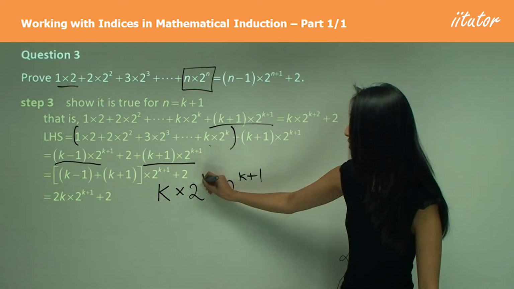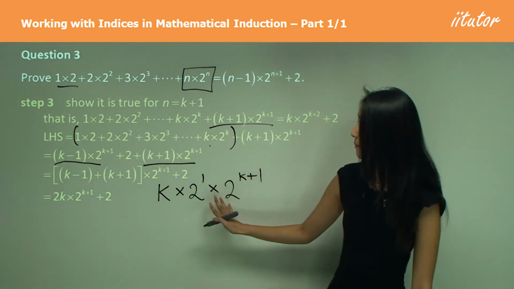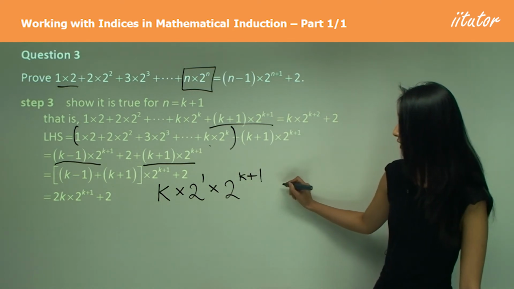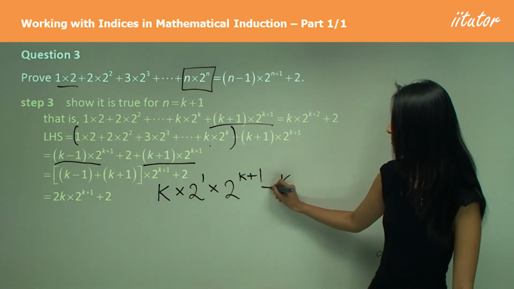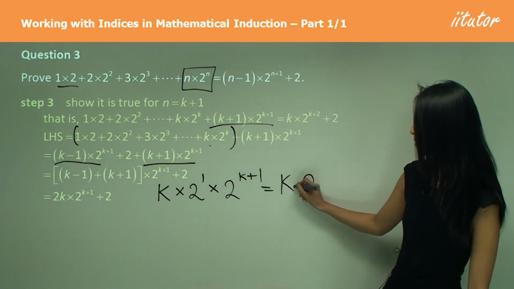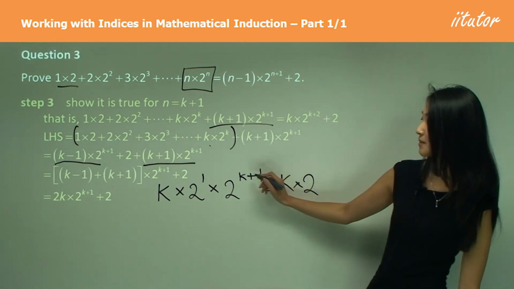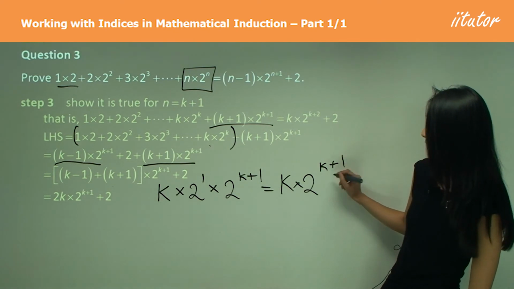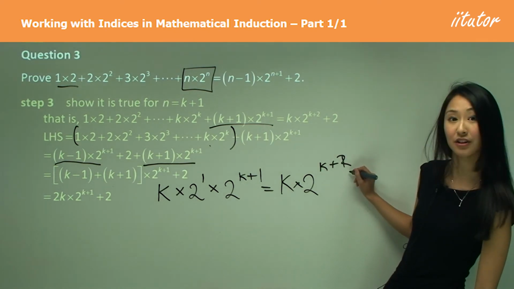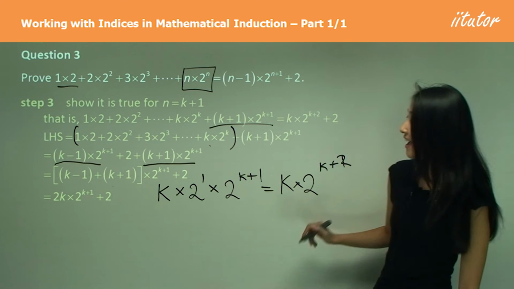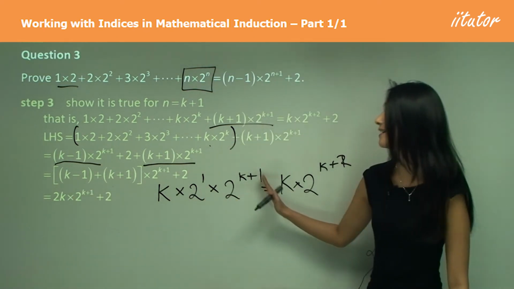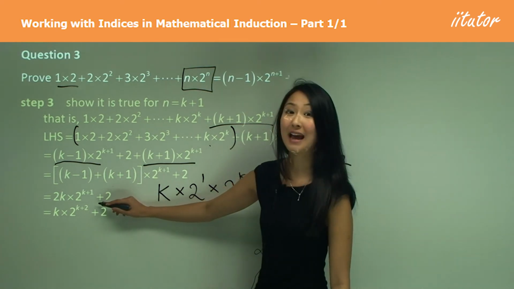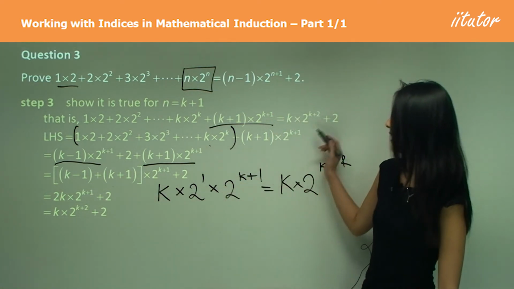So this 2 is 2 to the power of 1. So if I put this together, this is going to give me k times 2 to the power of k plus 1 plus 1. And that's how I get 2 to the power of k plus 2. Okay, can you see that? How I'm using this 2 and adding the indices together to give me the 2 to the power of k plus 2 that I need.